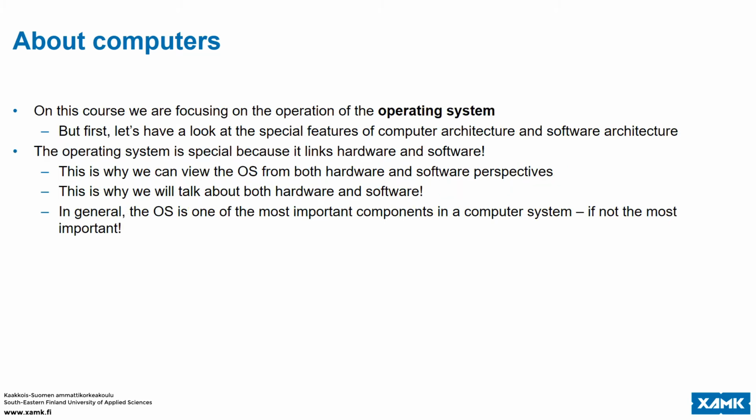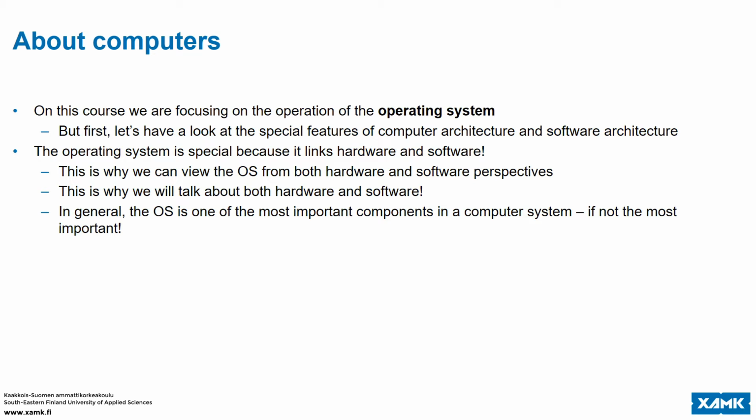On this course module, we are focusing on the operation and working principles of the operating system. Now, the operating system is sort of the glue that holds everything else together. It holds all of the software and all of the hardware working together.